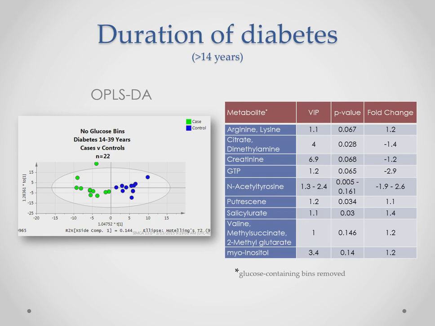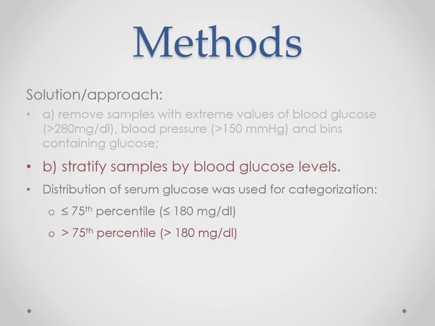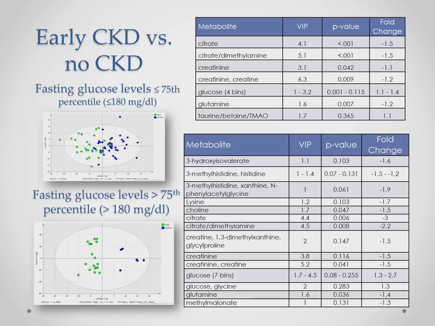And so that separates very well. I think I will skip our other approach, which was to stratify the glucose level, so include the glucose-containing bins, but stratify the analysis according to modest or bad diabetes control.